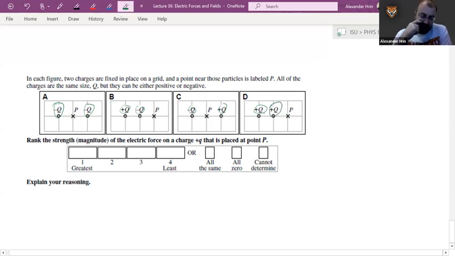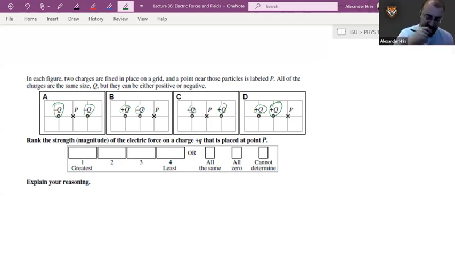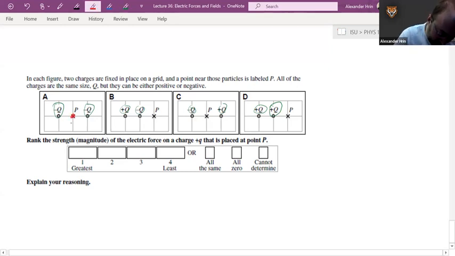And it says they can be positive or negative. They have the same size, same magnitude. And we want the magnitude of the electric force on a test charge positive Q that is placed at P, okay? So basically what we're doing here is we're putting a plus Q right there.